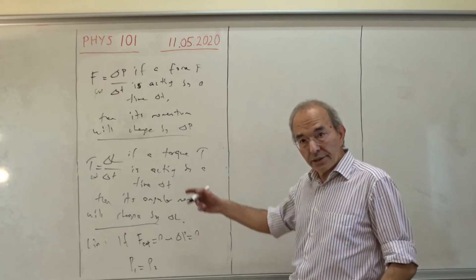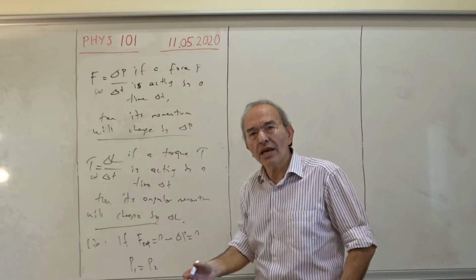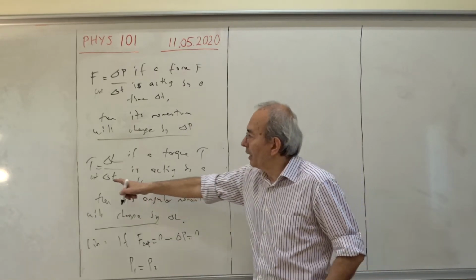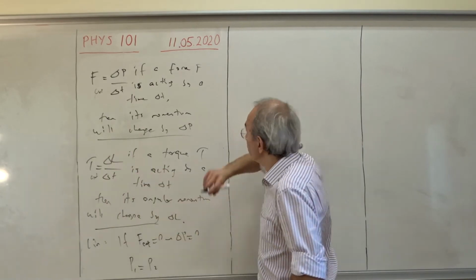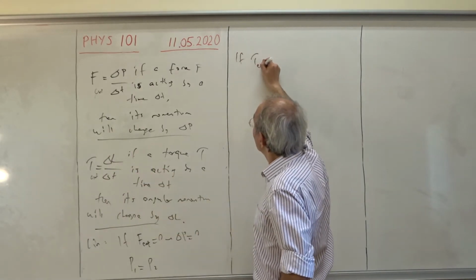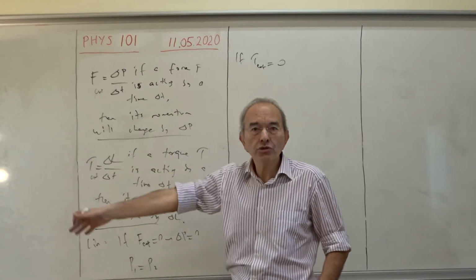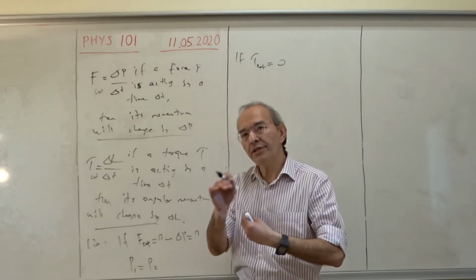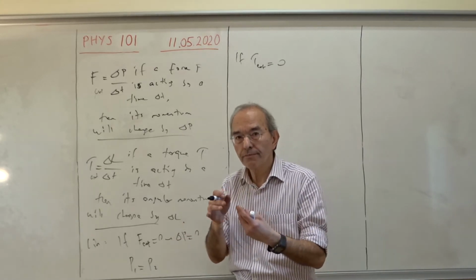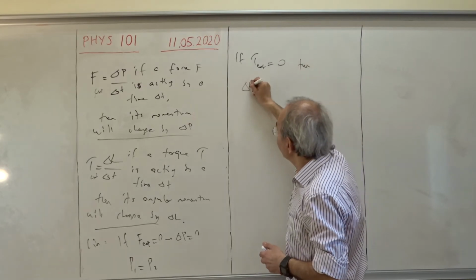And in this section, again we are rather interested in those cases, because this equation can be interpreted as: if tau external is 0, if there is no external torque acting on the system to rotate it or to slow the rotation, then delta L is 0.